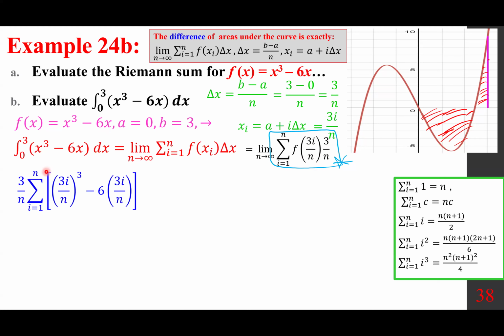You can put it in or outside the summation sign. Notice the limit is not there. I'm going to apply the limit at the end, so don't worry about that.